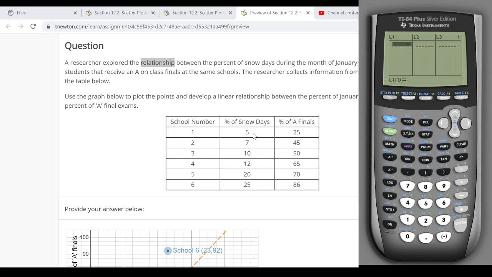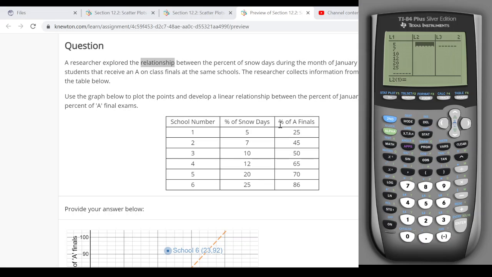These will be my X coordinates, so I put the X coordinates down one list. So I've got 5, 7, 10, 12, 20, and 25.